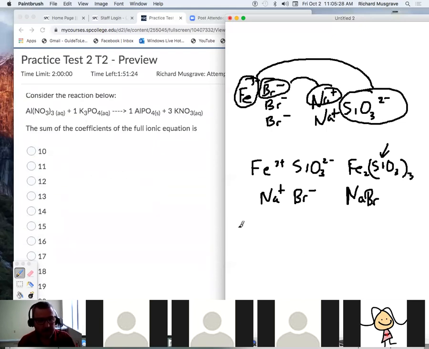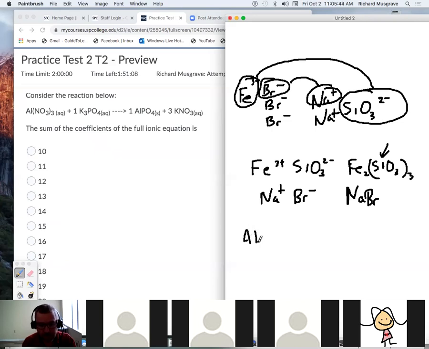So for something like this, the sum of coefficients of the full ionic equation. I give you a balanced reaction. The reaction's balanced, and you can see it does have the solid there as well, and that shows you what's what.